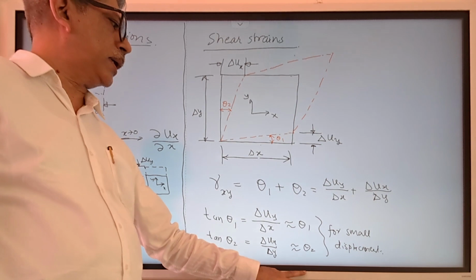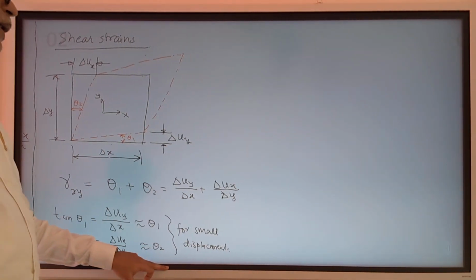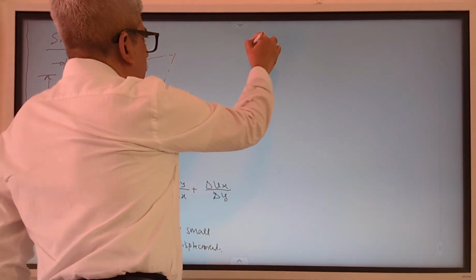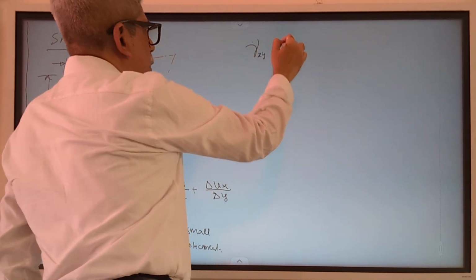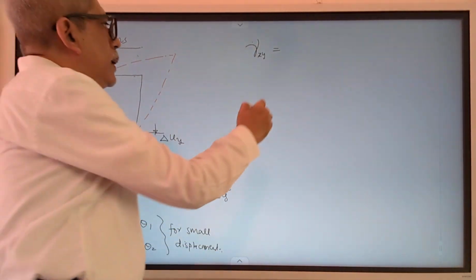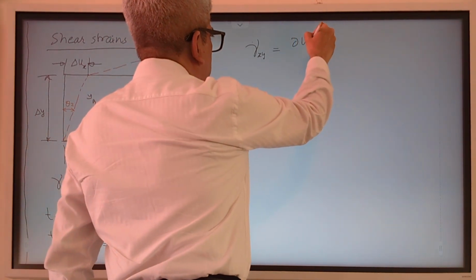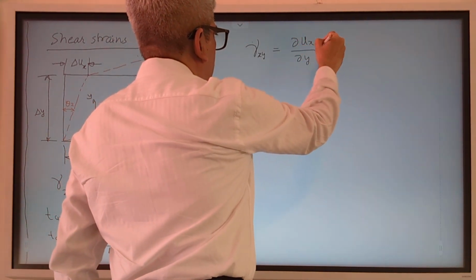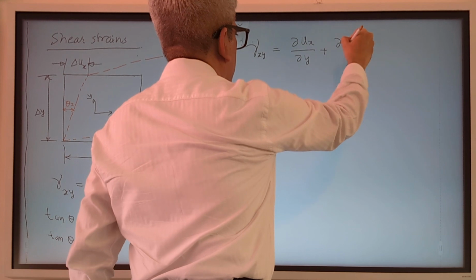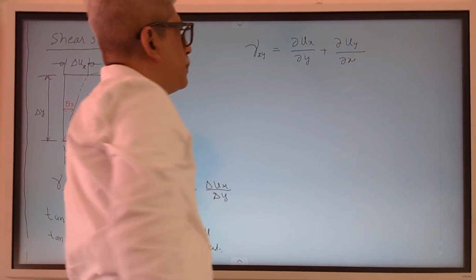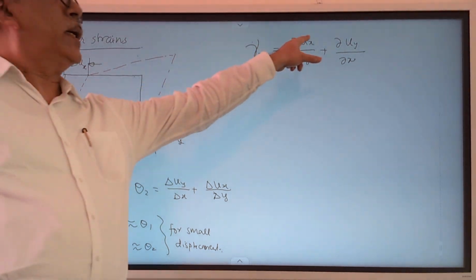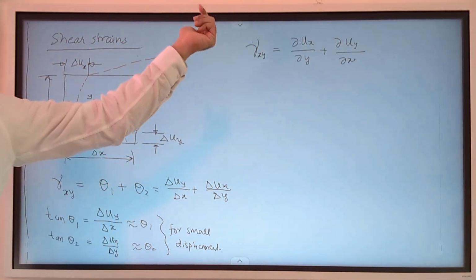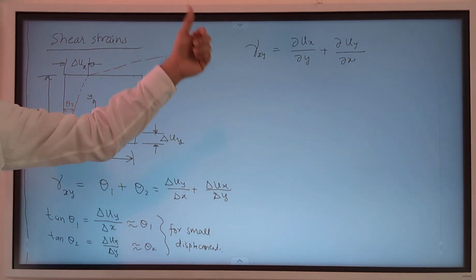So we can write gamma xy, that is the shear strain in the xy plane, as the partial derivative of ux with respect to y plus the partial derivative of uy with respect to x. If you know the displacement field, you can calculate the shear strain by using this equation.